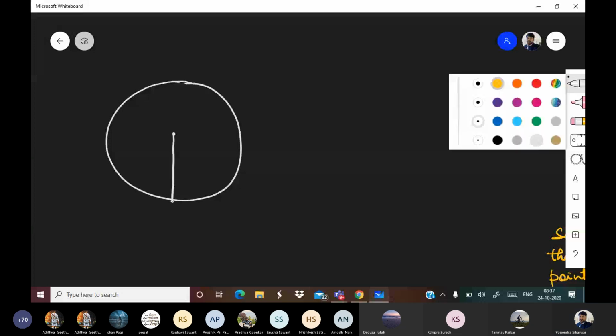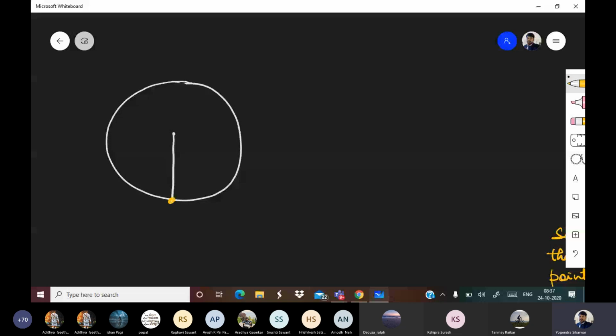This time, the object is connected by a rod. This point is A, this point is B, this point is C, and this point is D.